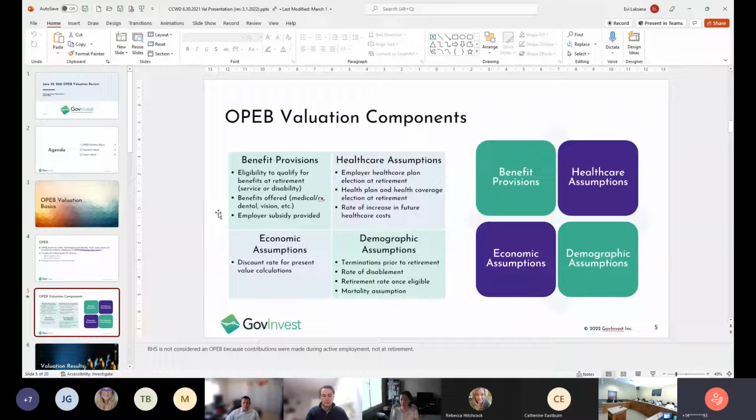Some of them may become disabled while active. And once they are eligible to retire, not all of them will retire at the same time. There are different retirement rates depending on the ages of the participants. Those all fall under the demographic assumptions. Any questions?